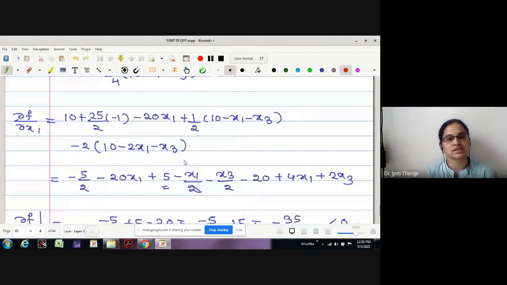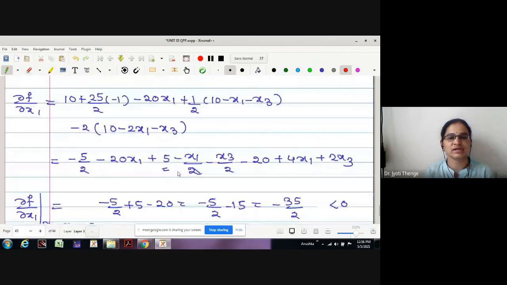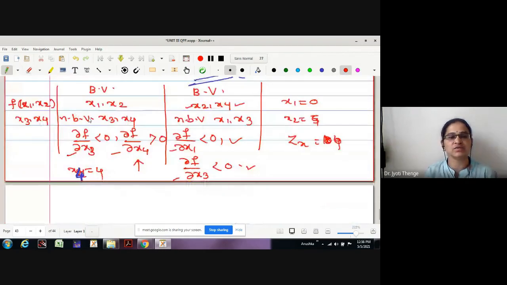Somewhat lengthy it is, but a simple method. Okay, let me repeat. x1, x2 are initially basic variables. x3, x4 are non-basic. We have found the partial derivatives. For dou f by dou x4, we have obtained a positive value. Then we have calculated x4. Then we have taken x2, x4 as basic. But both the partial derivatives are negative. Therefore, neither x1 nor x3 will enter the basis.